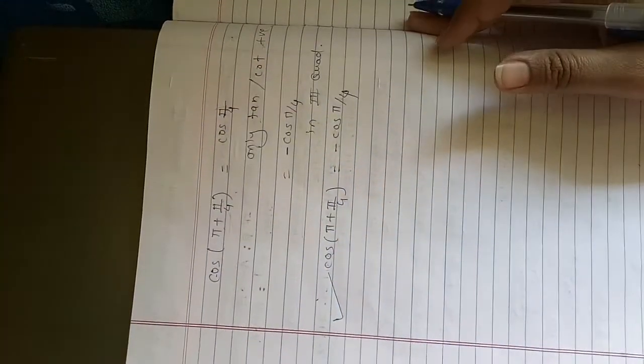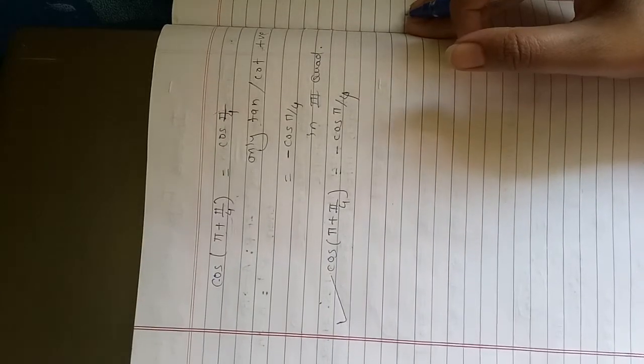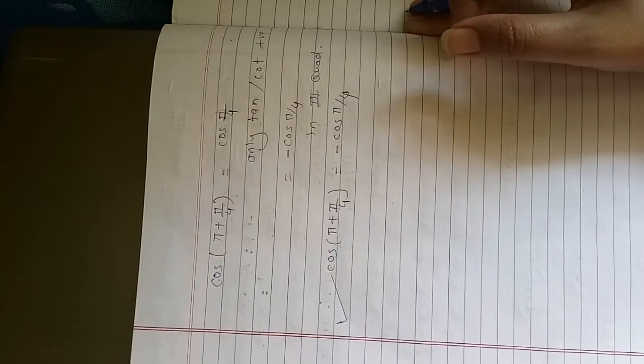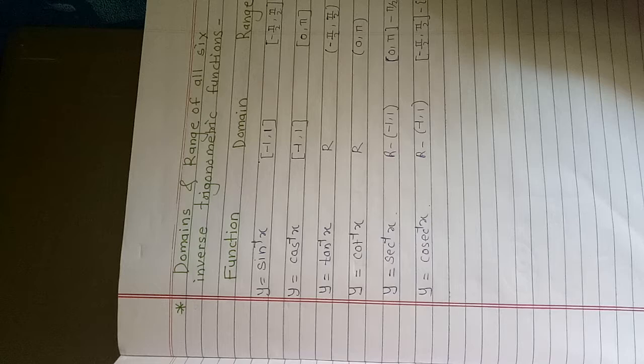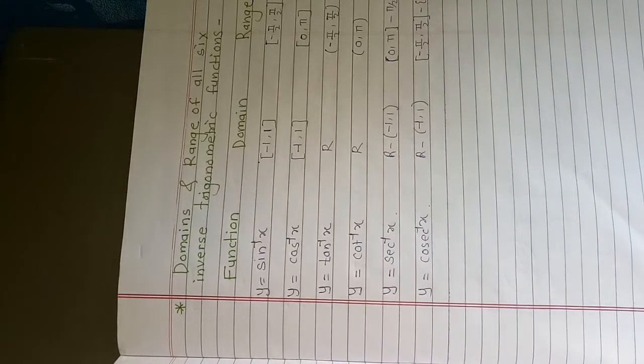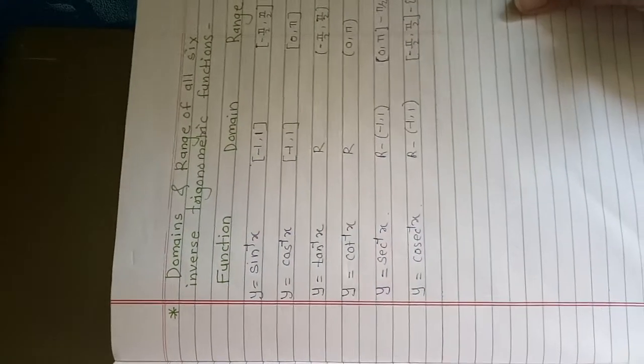Next I explain the domain and range of all these 6 inverse trigonometric functions. This is very important for solving principal value problems. We write all 6 functions, and we write their domain and range.